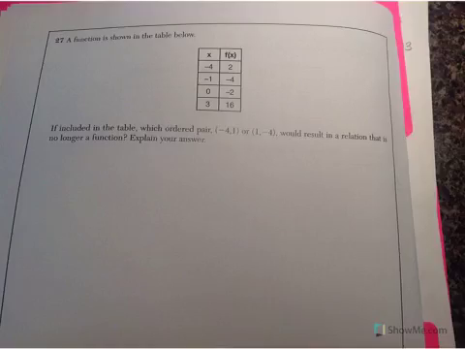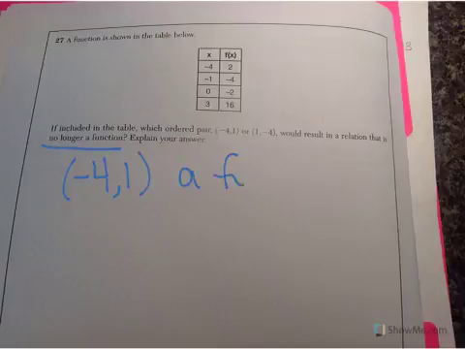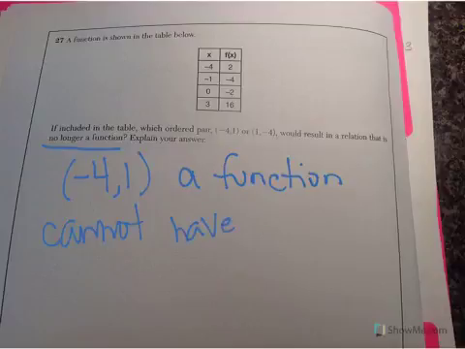Number 27, a function is shown in the table below. If included in the table, which ordered pair, -4, 1, or 1, -4 would result in a relation that is no longer a function, and explain your answer. Well, the answer is going to be -4, 1, and this is because a function cannot have repeating domain values.